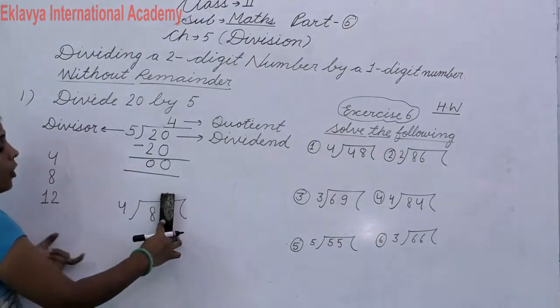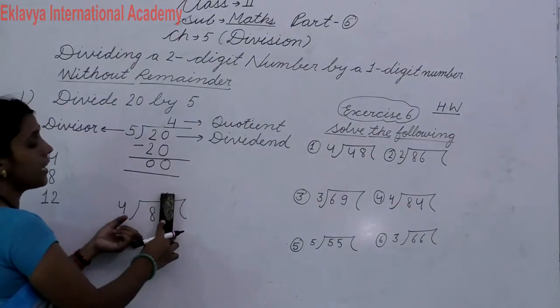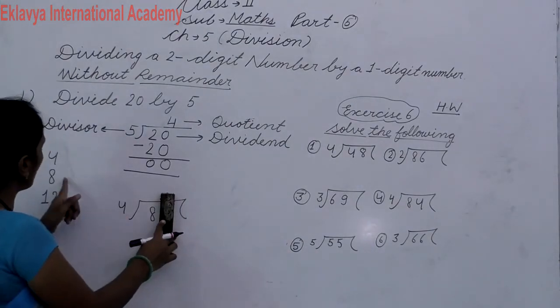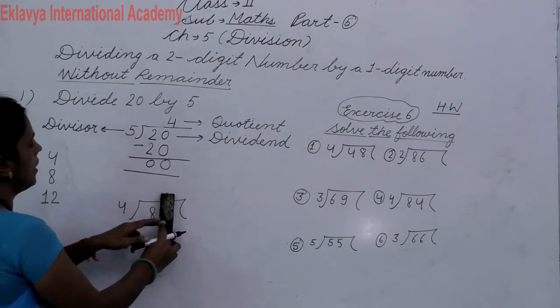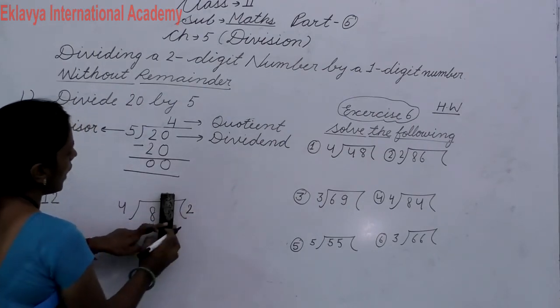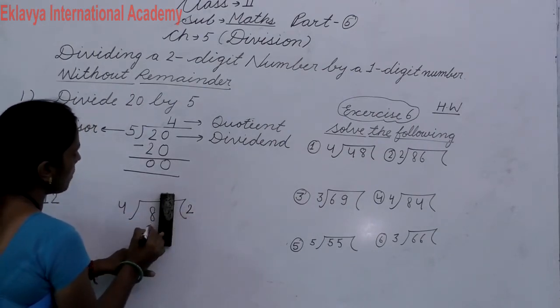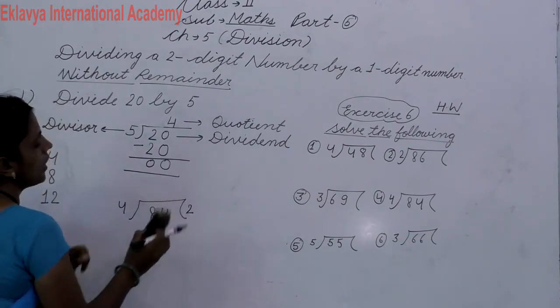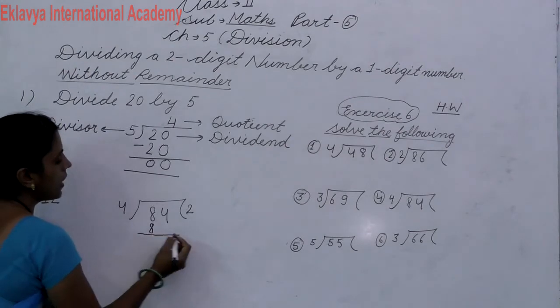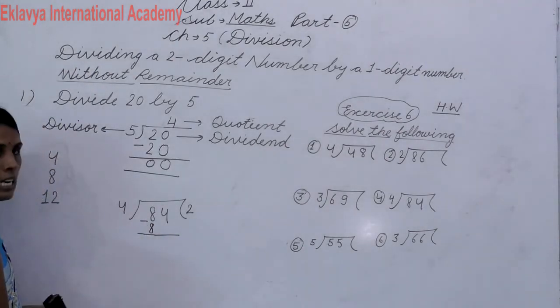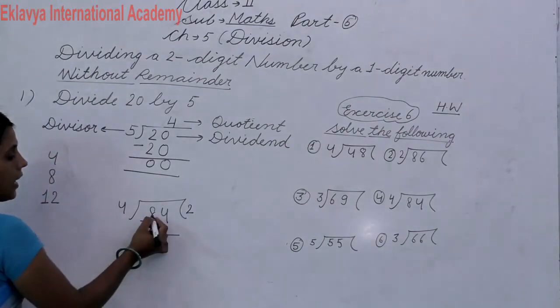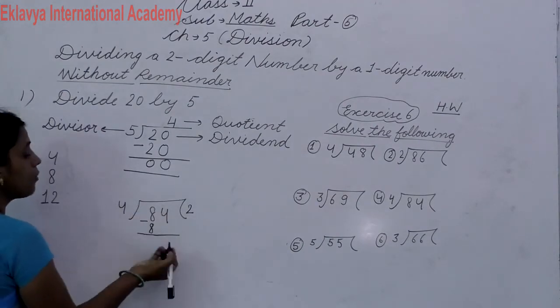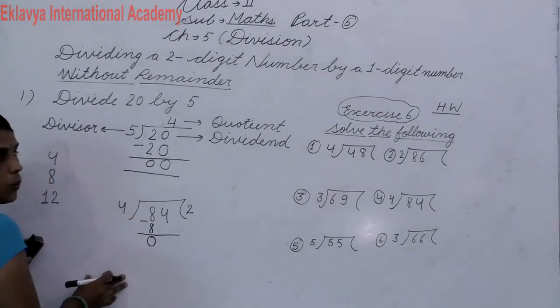Listen, in the table of 4, which number will you get 8? 4 ones are 4, 4 twos are 8. So now we will put 2 here and we will put 4 twos here. Which number will you get? You get 8. So here we put 8. After that we will put the subtraction sign. Then you will cut 8 from 8. What will you get? You will get 0.